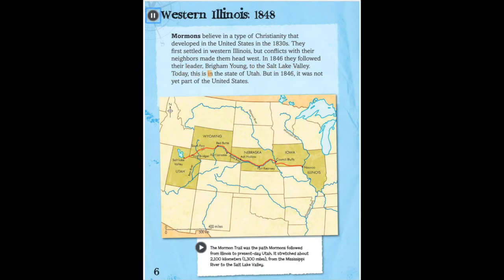Today, this is in the state of Utah, but in 1846, it was not yet part of the United States. The Mormon Trail was the path Mormons followed from Illinois to present-day Utah. It stretched about 2,100 kilometers, 1,300 miles, from the Mississippi River to the Salt Lake Valley.